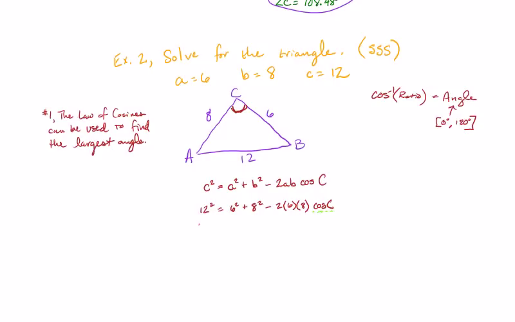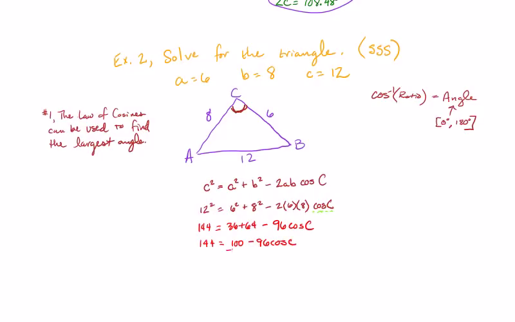So let's do some math. 144 equals 36 plus 64 minus 12 times 8. Is that 96? Gotta know my times tables. So 144 equals 100 minus 96 cosine of C.